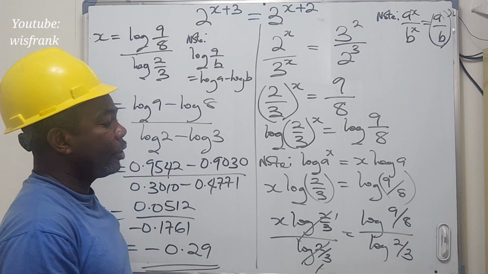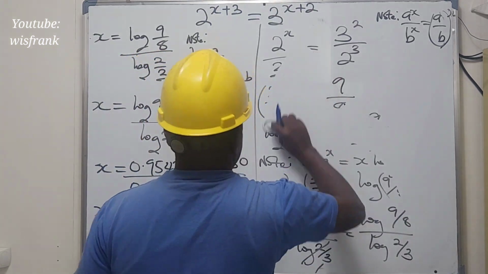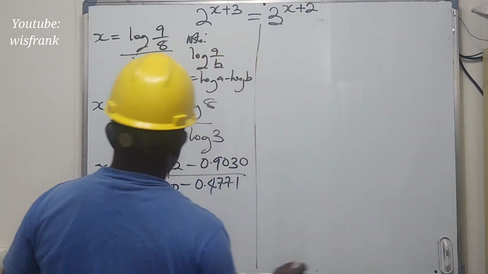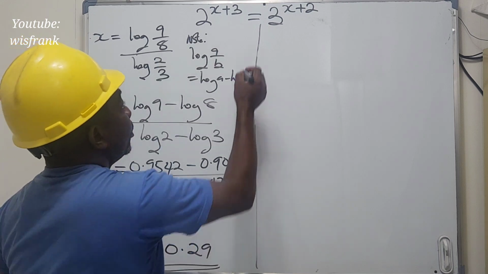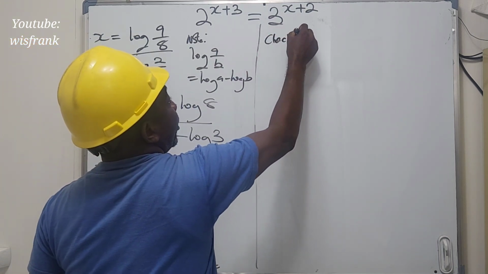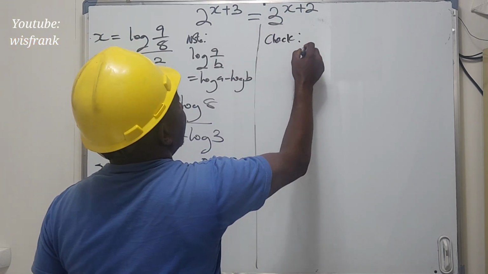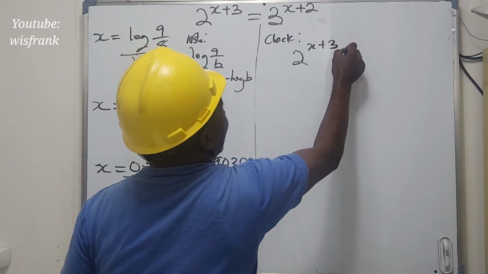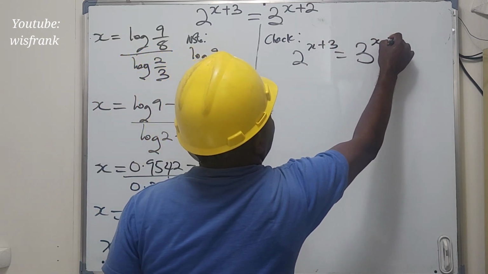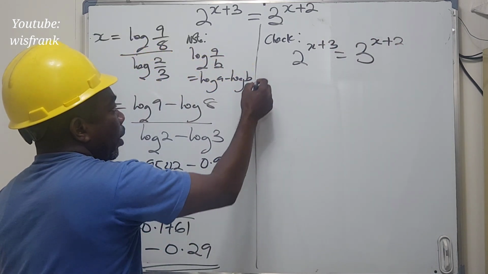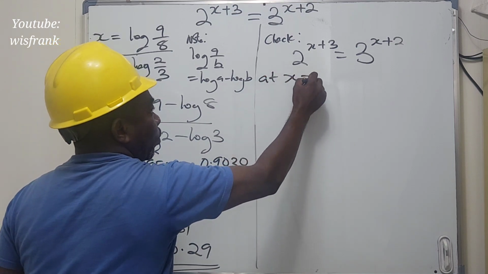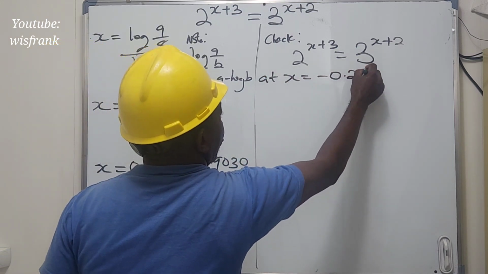But we can do a little check to see whether the value of x will satisfy the given equation. So we have here check. We are given 2 to the power of x plus 3 equals 3 to the power of x plus 2. Here we say that our x equals minus 0.29.